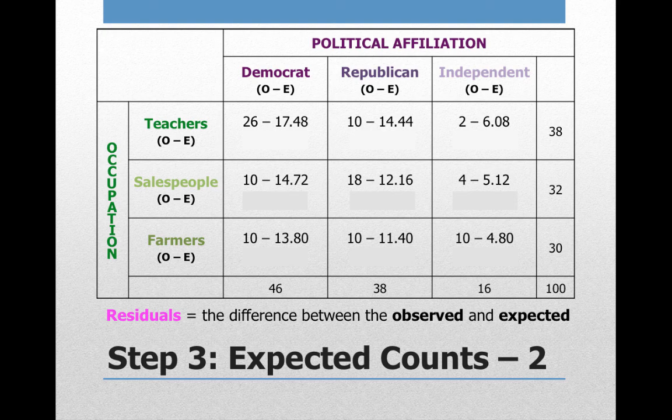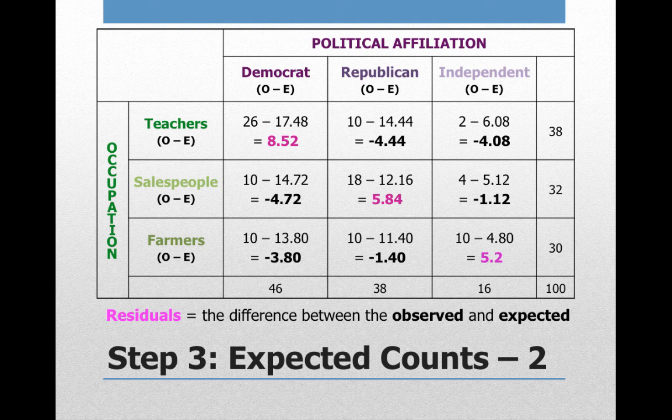We know that we had 26 people who identified as Democratic teachers, but we expected in a sample of 100 people to see only 17.48 people. So this difference of 8.52 people is called our residuals.